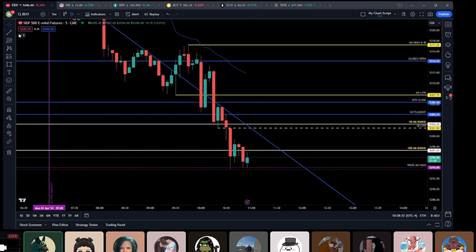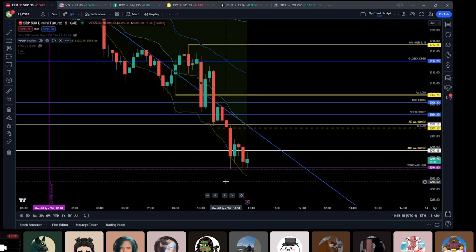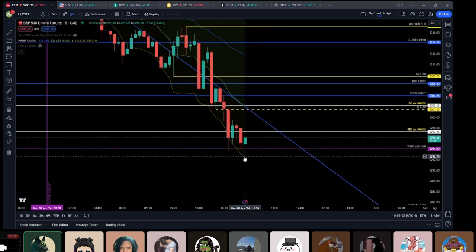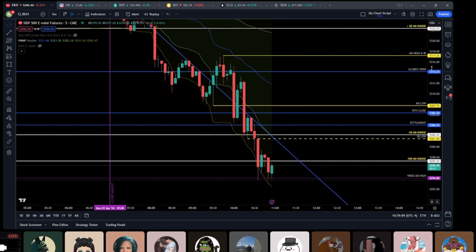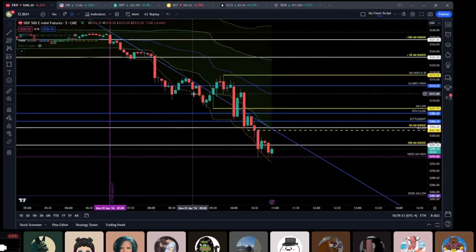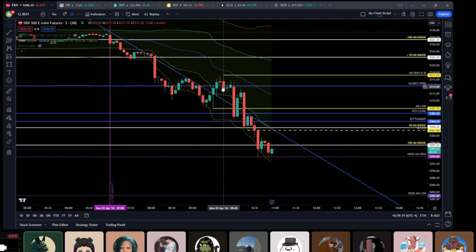These VWAPs are way up there. Where are the bands? Yeah, here's the -2 deviation of VWAP. Ever since pre-market, price has been riding -2 and bouncing off it at times.